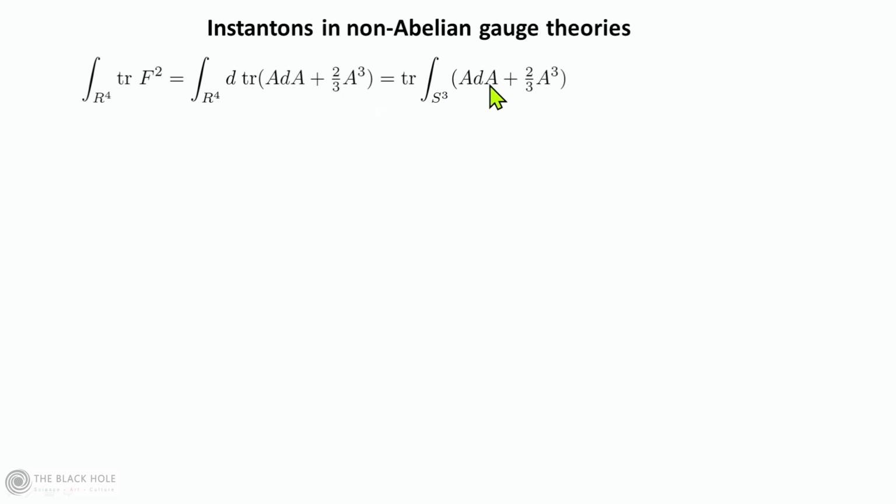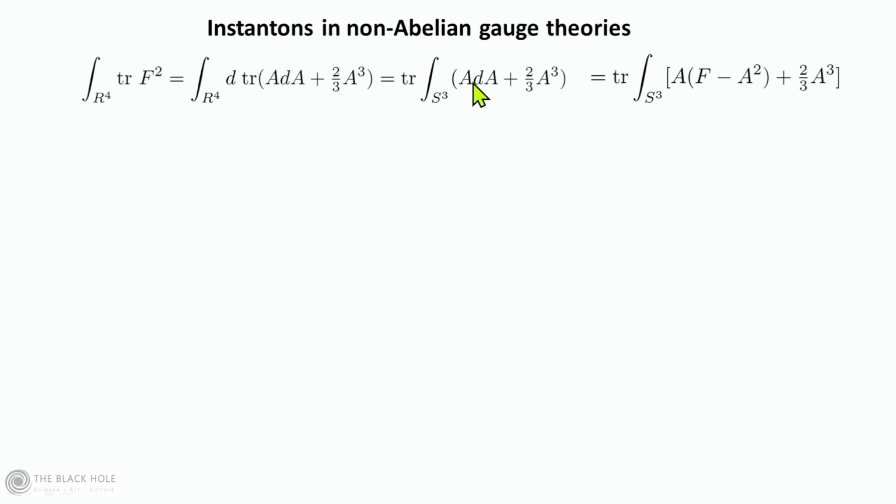Take the D outside, and I have trace of A dA plus 2/3 A cubed. And this is now over the surface which bounds R4. And this is a surface that I can choose. Let me choose that surface to be the sphere S3. So this is a four-dimensional space, and there's a surface which is three-dimensional, and we can make it spherical if we like.